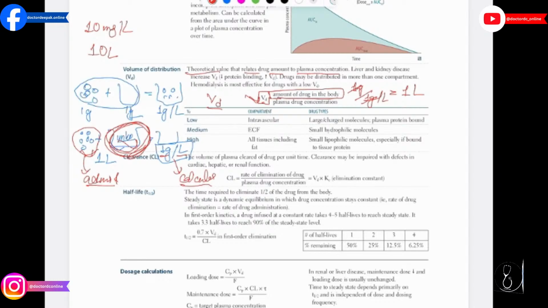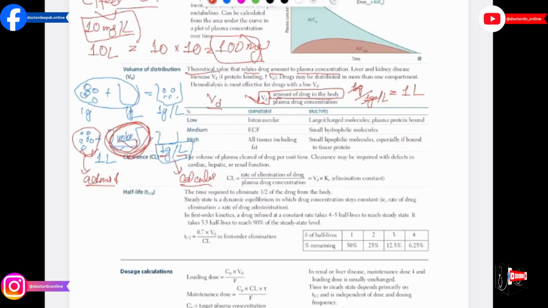Then how much dose will we need? We multiply 10 by 10, which equals 100 mg. We need 100 mg of drug to achieve the concentration of 10 mg per liter, because this is where the drug will give maximum effect. So the volume of distribution is useful in determining drug doses.